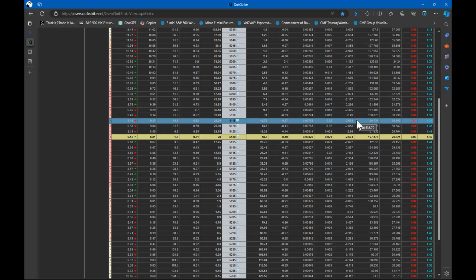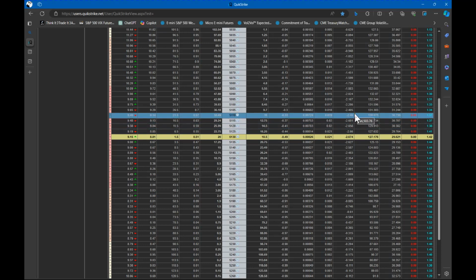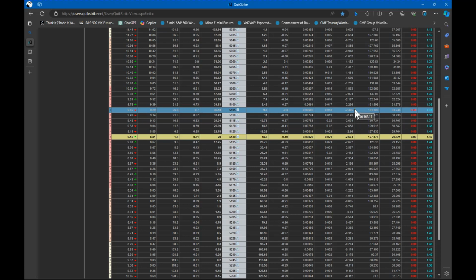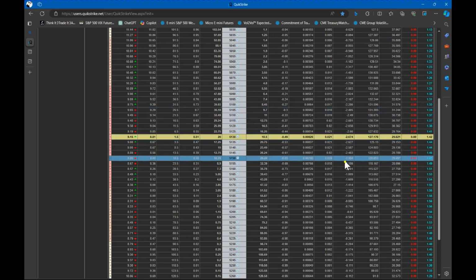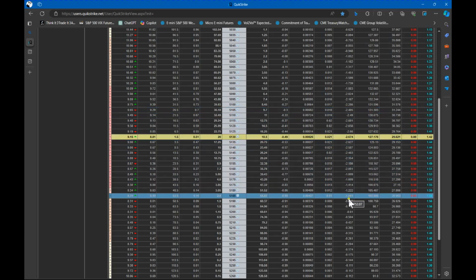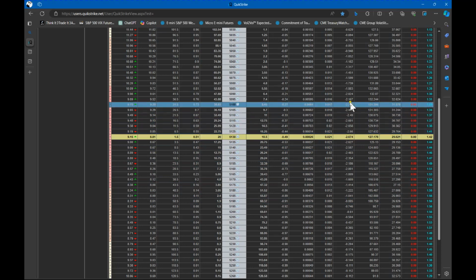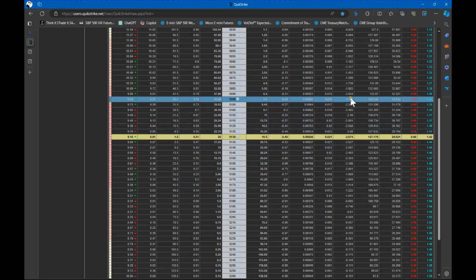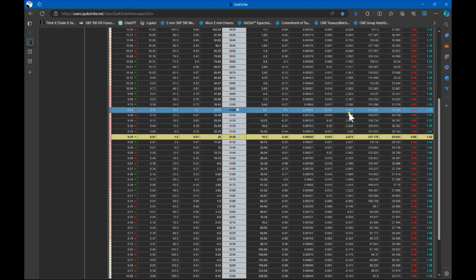So that's not as likely. 2.5, 2.405. The theta declines going into the contract. So this theta is sort of rising right here. And so that is another reason not to expect lower prices.